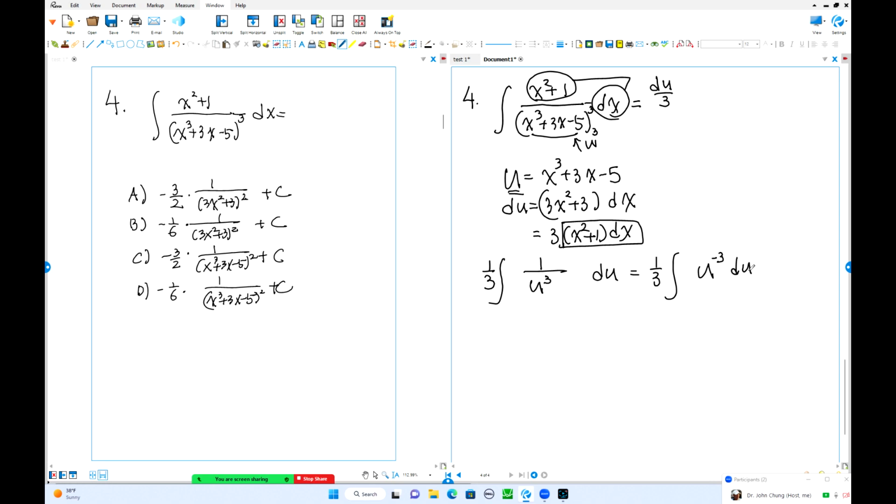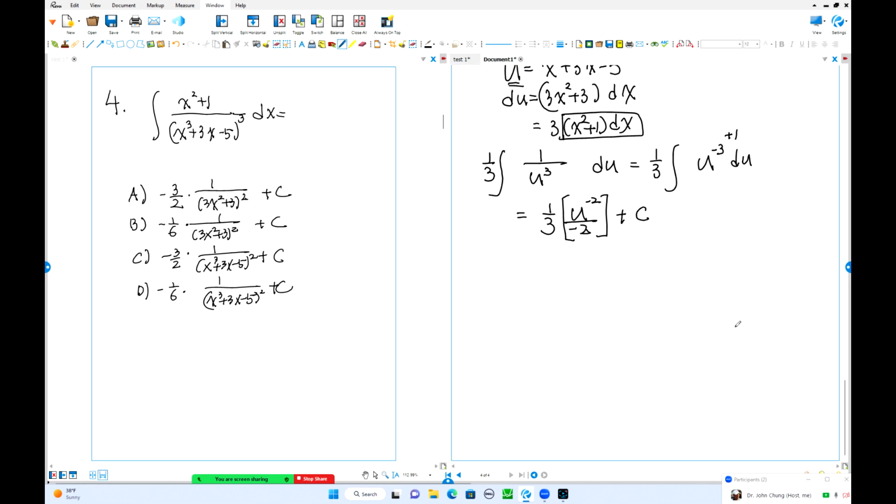So we're going to apply the definition of the antiderivative: plus 1 to the exponent, and divide by the same number. Negative 3 plus 1 is negative 2, and we divide by negative 2. So 1/3 times negative 2 is negative 6.